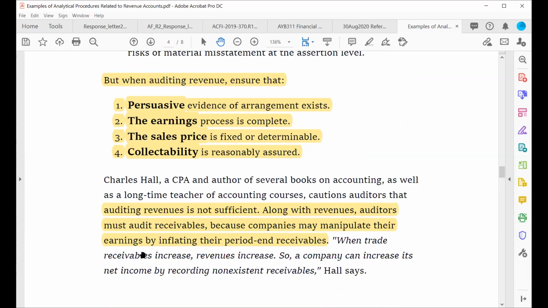Also, when we are auditing the revenue cycle, along with revenues, we should of course look at the accounts receivable. That's why we look at the transactions for sales, transactions for cash receipts, and also at accounts receivable and cash balance at the same time.